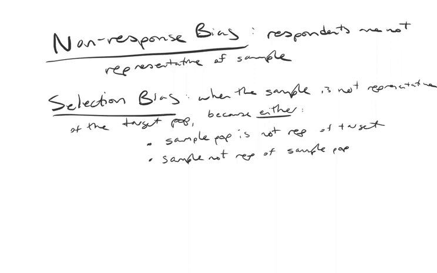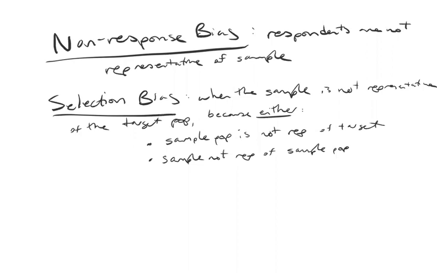So if we think about this maybe in terms of one of our example studies about households and household income in the US, if my sample population is this list of phone numbers of households that I could call, if that list of phone numbers does not refer to households that are representative of all households in the US, I already have selection bias. Right, and that list of phone numbers is not going to be representative because some houses don't have phones at all, or they don't have listed phone numbers. Where do we even get this list of phone numbers?